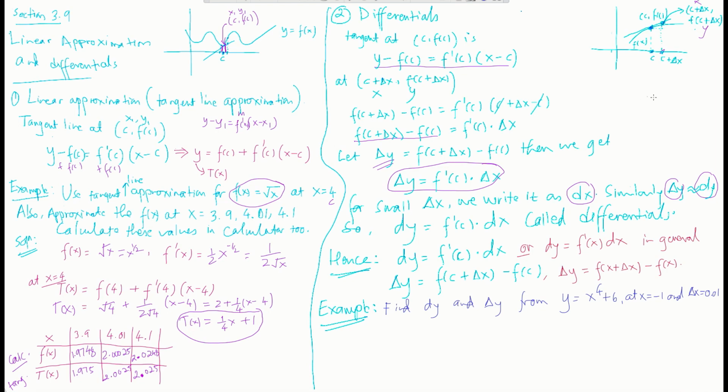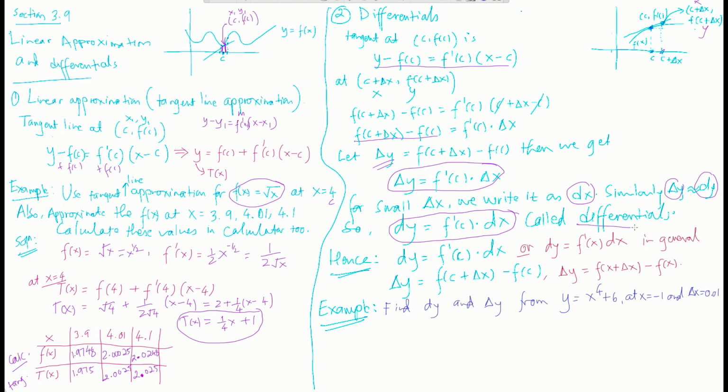We say the limiting position, meaning when delta x is close to 0, very small, at that time we denote delta x by dx and delta y by dy. So this becomes dy equals f prime of c times dx.